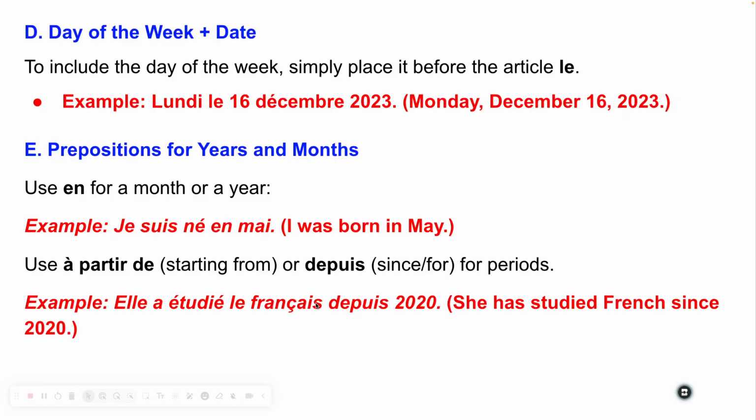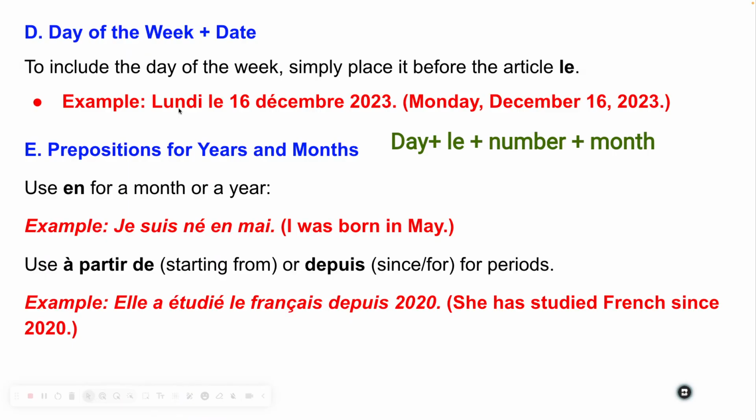I'm going to go to the next option, which is when you say the specific day of the week with the date, for example Monday, Tuesday, Wednesday. This is how you do it. You keep the le before the number. Here's the example: lundi, le 16 décembre 2023.